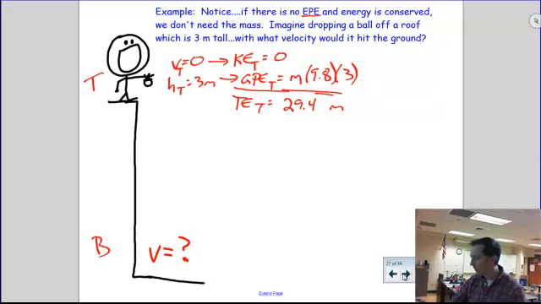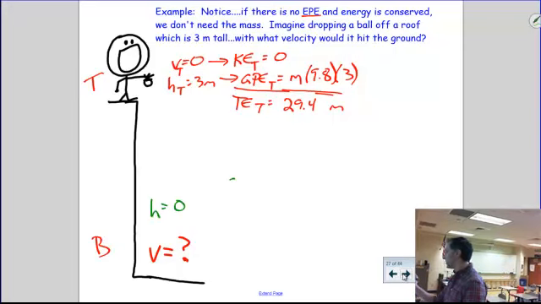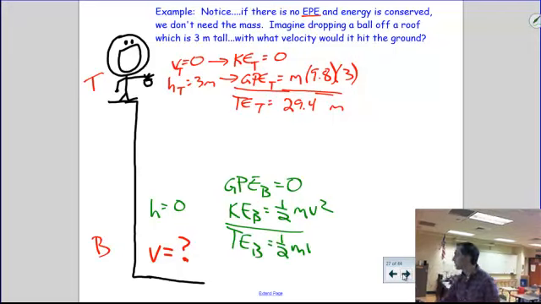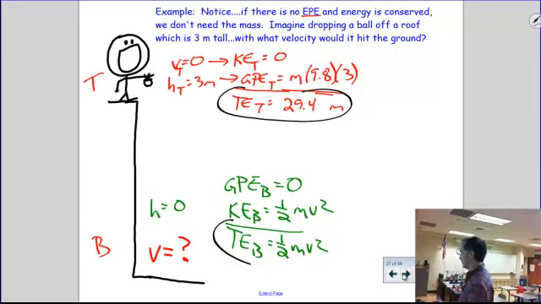Now, when we get down to the bottom, we know the height is 0. So that means that my gravitational potential energy at the bottom is 0. My kinetic energy at the bottom is 1/2 the mass times the velocity squared, which means my total energy at the bottom is 1/2 mass times velocity squared. So I know that this total energy is equal to this total energy.